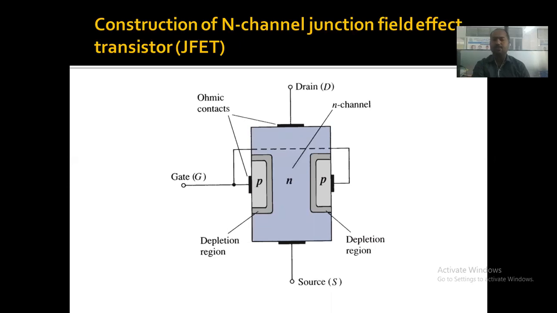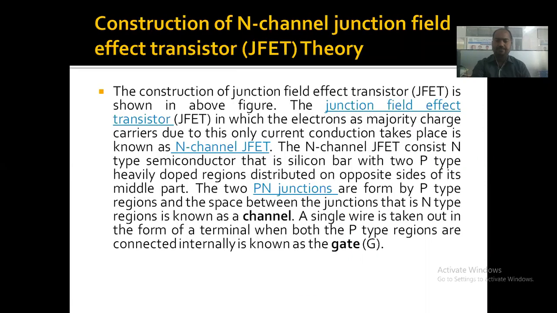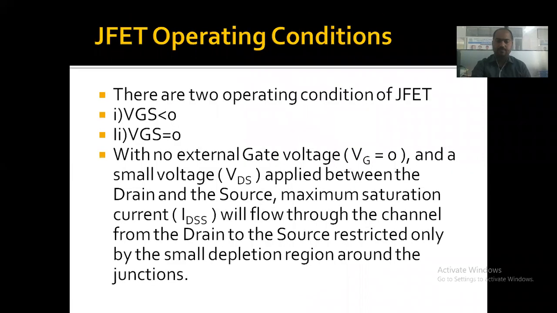For the flow of the majority charge carriers, we have to apply a positive voltage between the drain and the source. It is nothing but a small positive voltage applied across it, right?